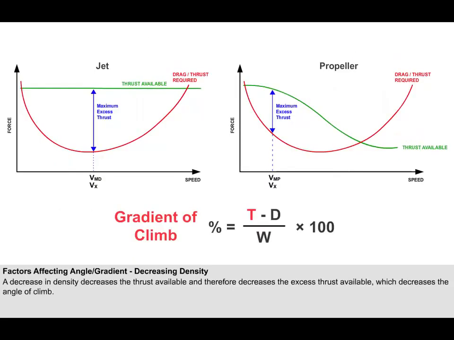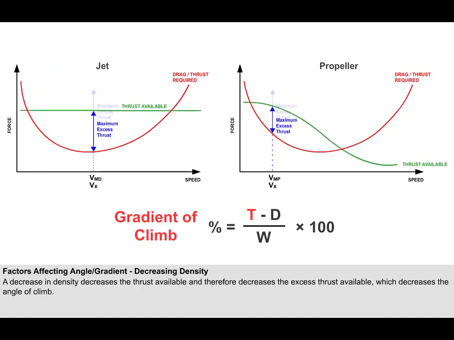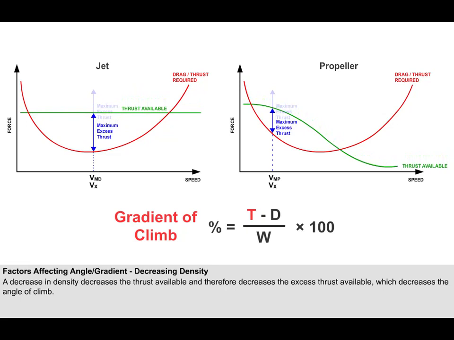Returning to the excess thrust graphs for the propeller and jet aeroplane, it is now possible to see the effect of decreasing density. Decreasing density will reduce the thrust and therefore cause both thrust curves to move downwards. Notice that the excess thrust continually decreases, and therefore the angle of climb continually decreases.